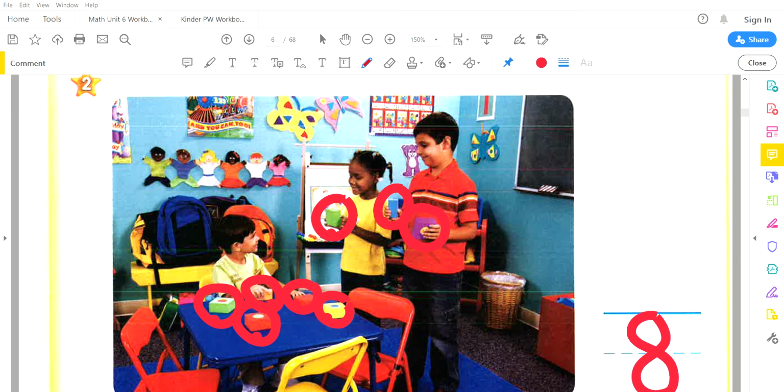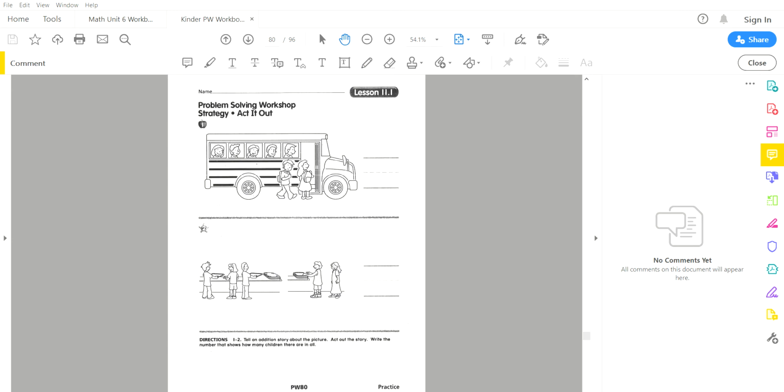Well done. Now I'm going to read some more stories to you, but this time I want you to do these on your own. So I'm not going to write the answers down for you. I would like you to write your own answers on the handwriting line for each of these math story problems.